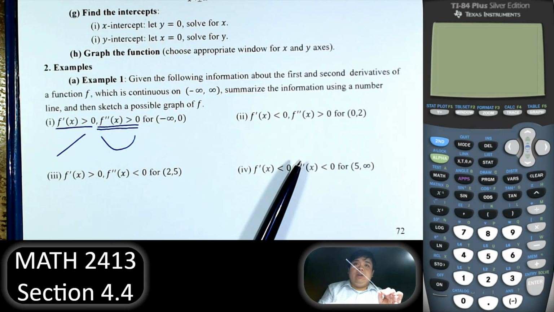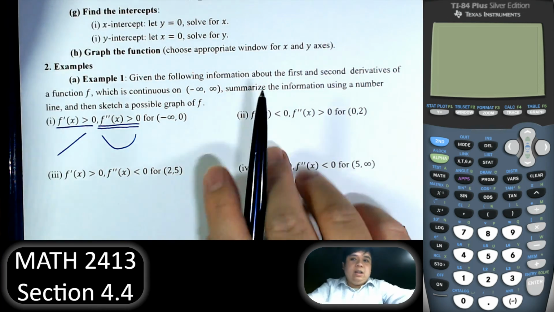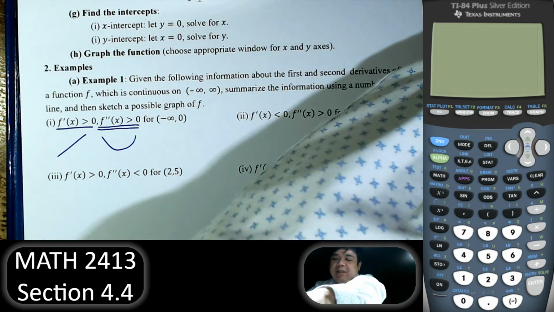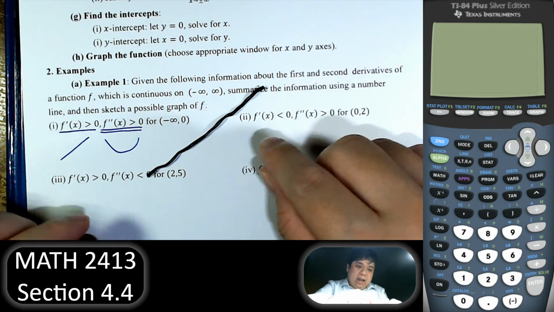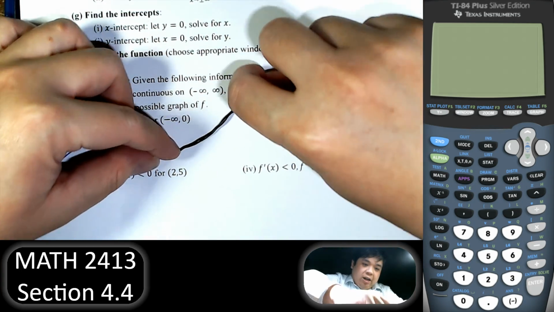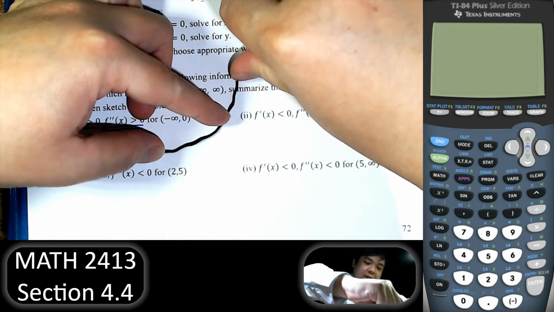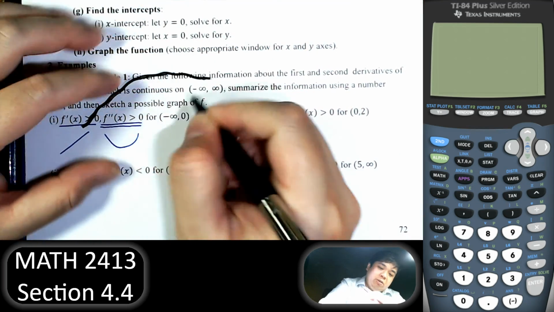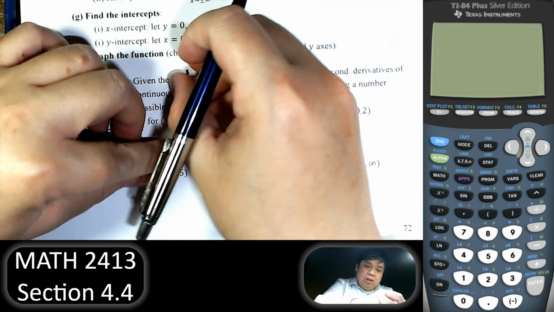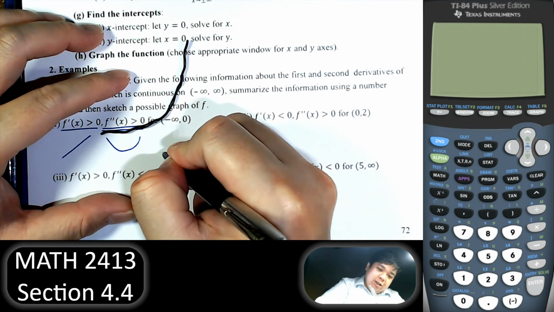We have an increasing function, so it's going up. And then it has to be concave up, so we have to bend the end up. So the graph is going to be like that. So from negative infinity to 0, it's going to go up like this.